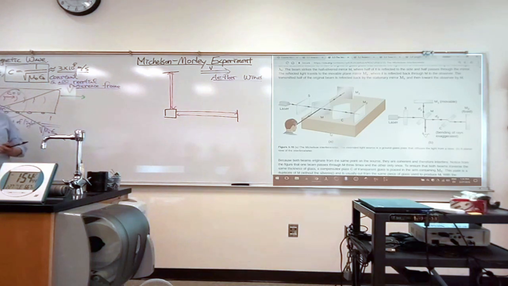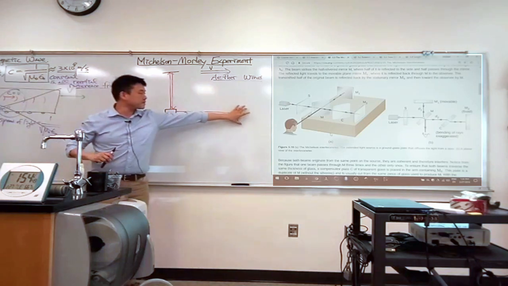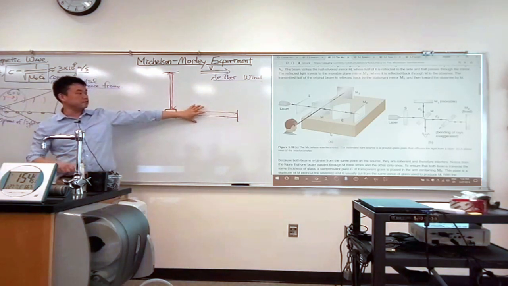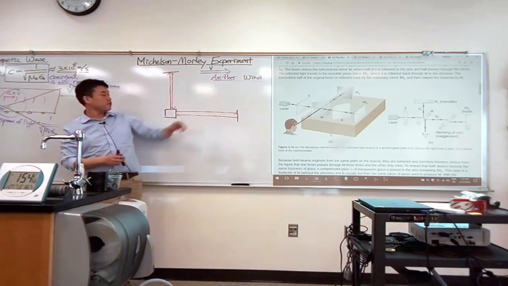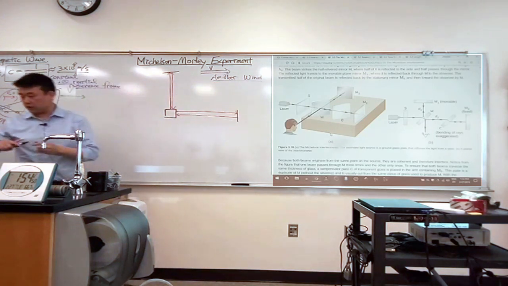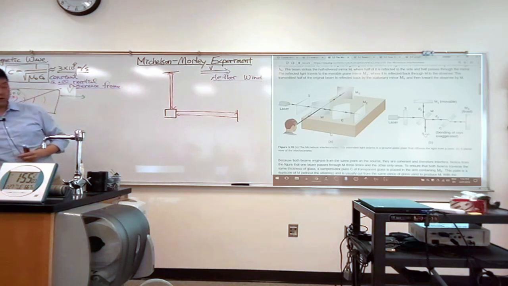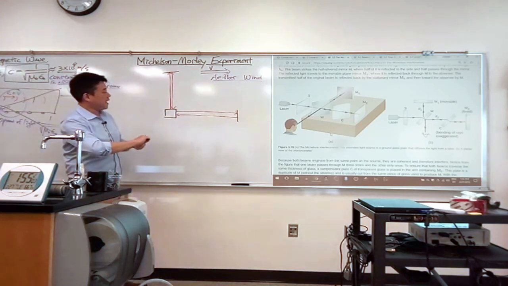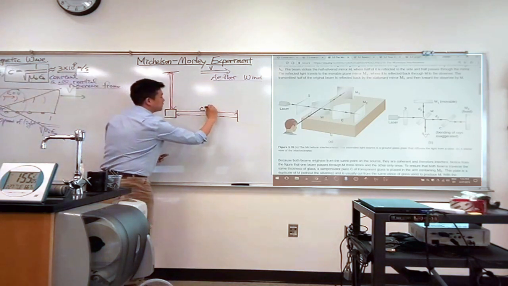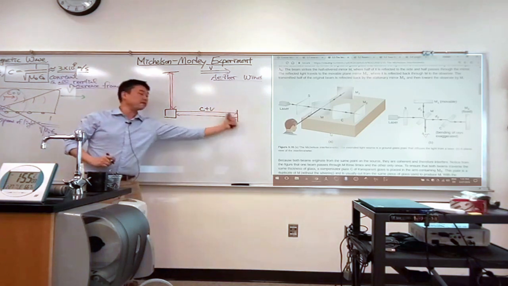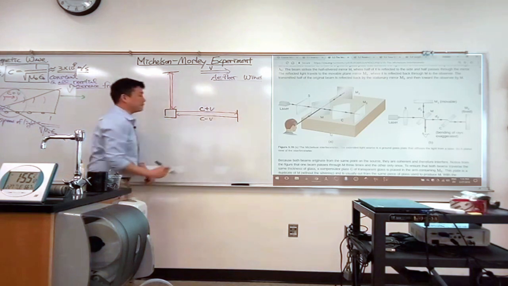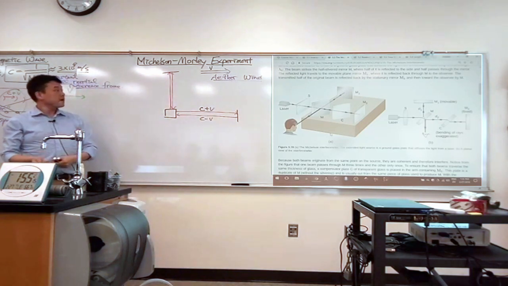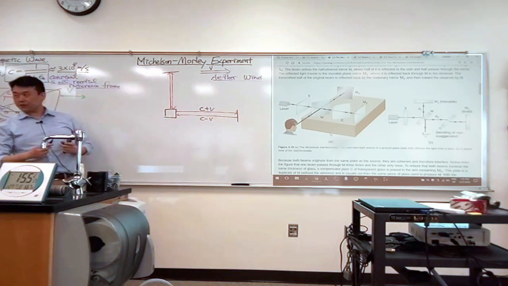For this direction, it's easy to imagine what would be going on if this whole ether idea was correct. Going that way, the speed of light increases: light moves at a speed of c plus v. And then coming back, the light wave is moving against the current, so it's c minus v coming back. And this other direction is actually a little bit more tricky.